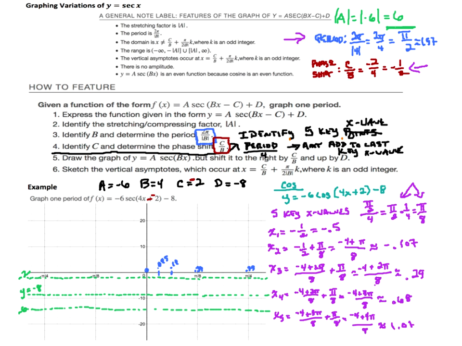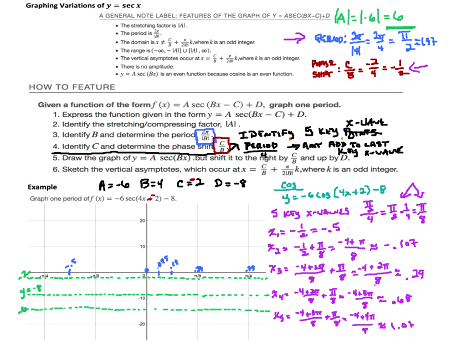And negative 1/2 is roughly, very roughly, right between negative pi over 8 and negative pi over 4. So this is just about negative 1/2.